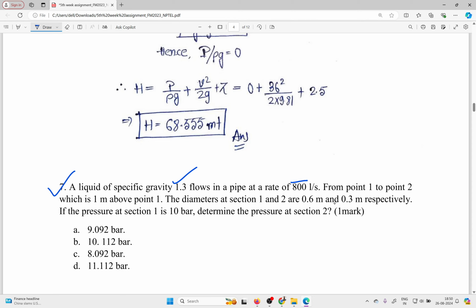The diameters at section 1 and 2 are 0.6 meter and 0.3 meter respectively. If the pressure at section 1 is 1 bar, determine the pressure at section 2.